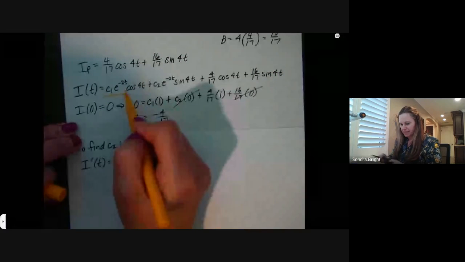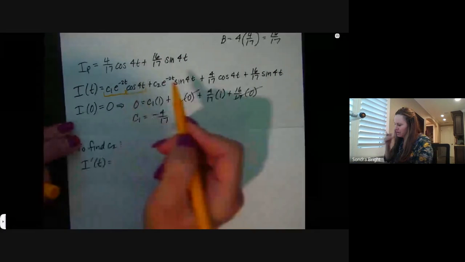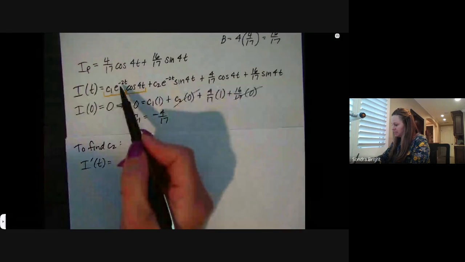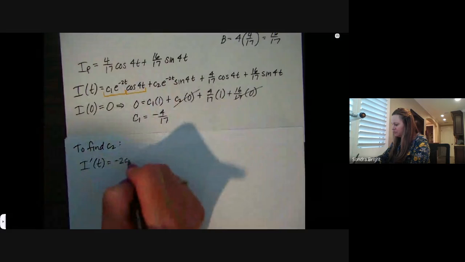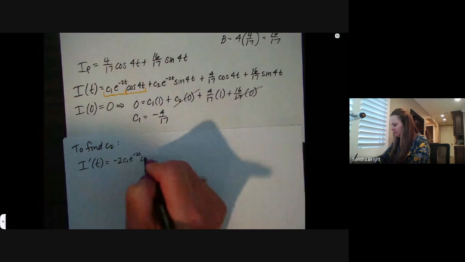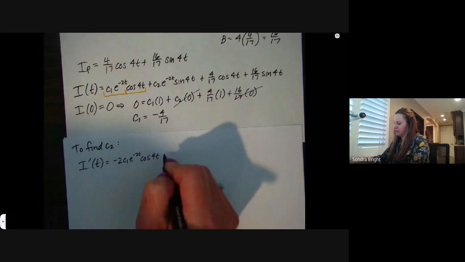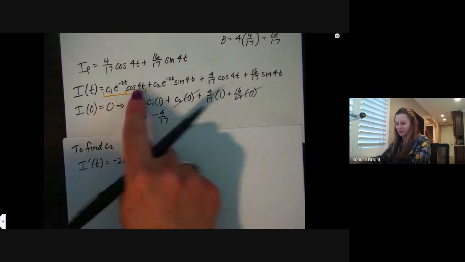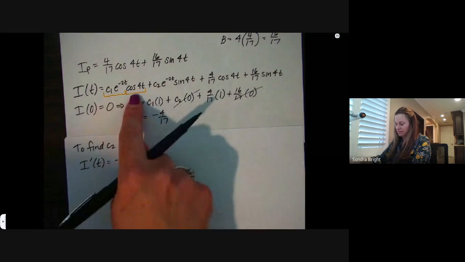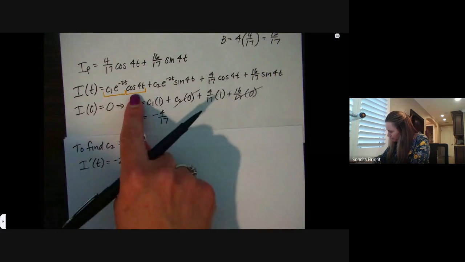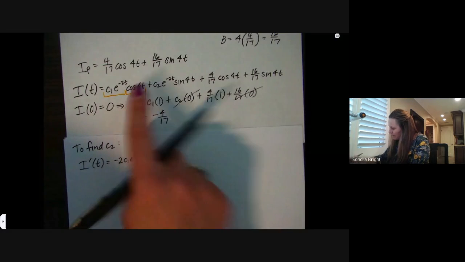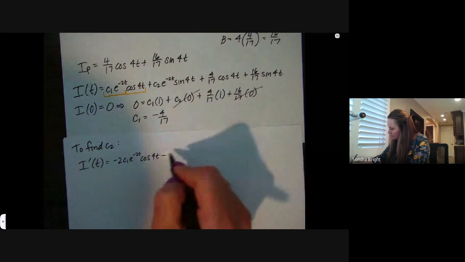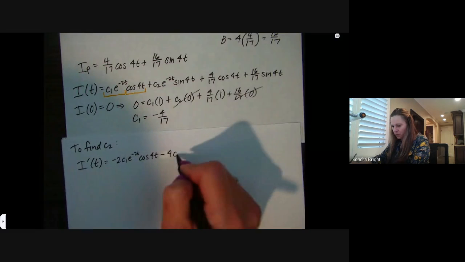And so you'll have the derivative of the first, a negative 2 times C1 e to the negative 2t times the second, plus the first guy times the derivative of the second. Well, the derivative of the second would be a negative 4 sine of 4t. So I'm going to just fix that little sign. So it'll be a minus 4 C1 e to the negative 2t times sine of 4t.